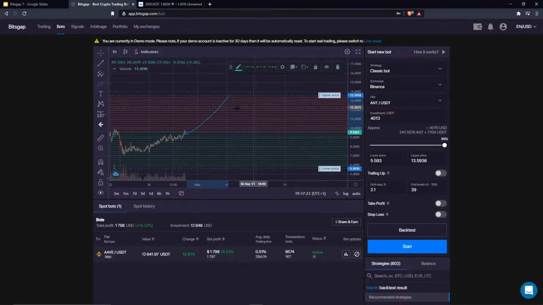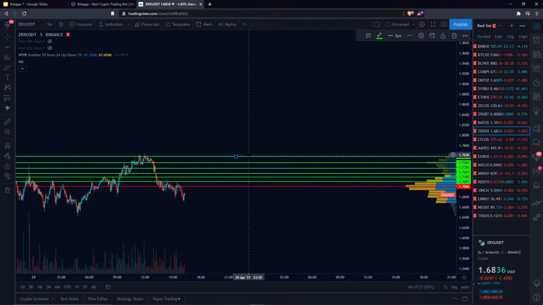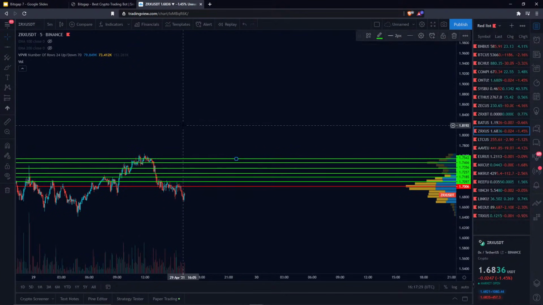It will place new buy orders at these price levels. So you will see something like this. You will see only green lines at the end, but that's only if the price goes to that point. So now you only have limit buy orders.